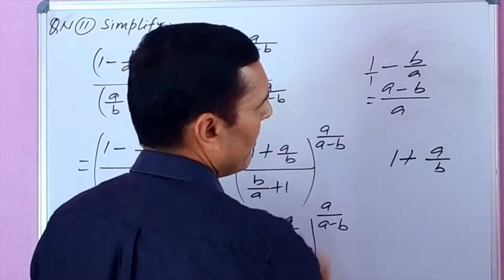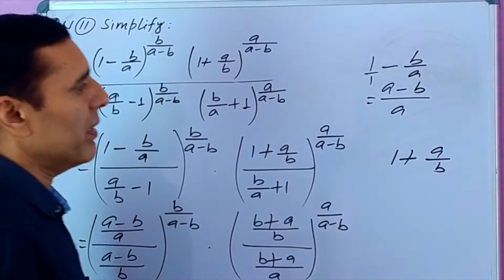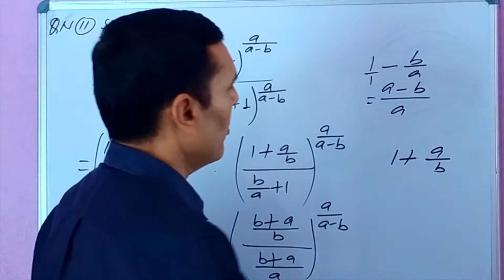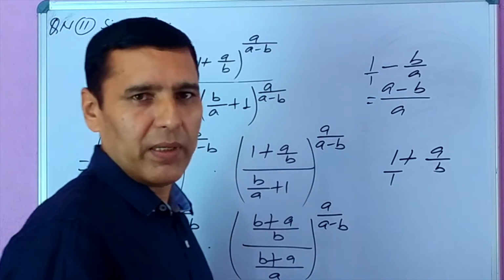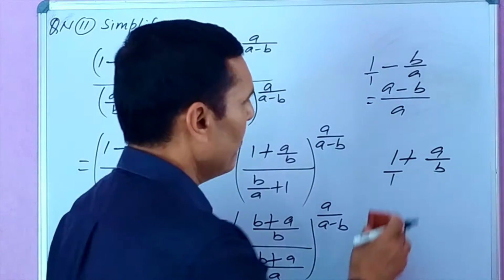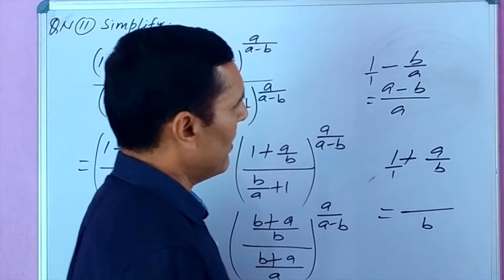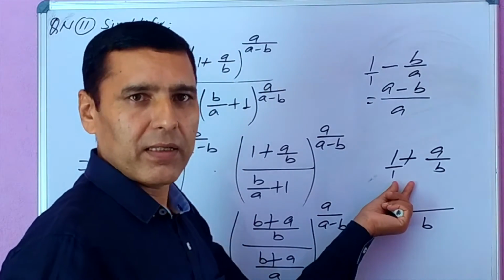So what is the denominator of the second term? B. The first term is 1 only, so we can suppose 1 in the denominator. So what is the LCM of b and 1? Obviously it is b.